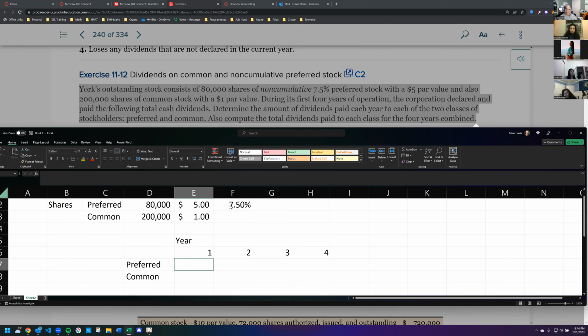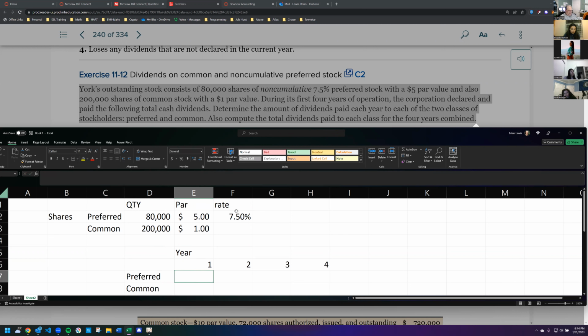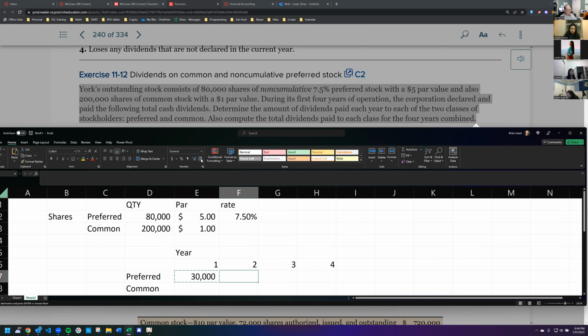Each year, the preferred get the quantity times their rate, their par value times their rate. So that's $30,000 a year. Does everybody follow that part? This is what they're owed each year.